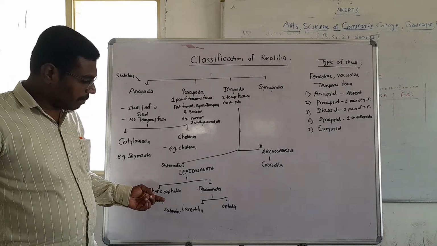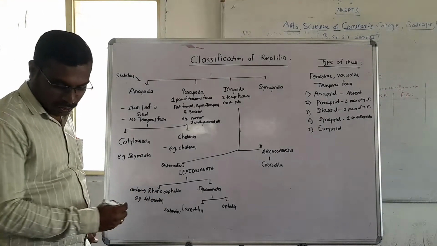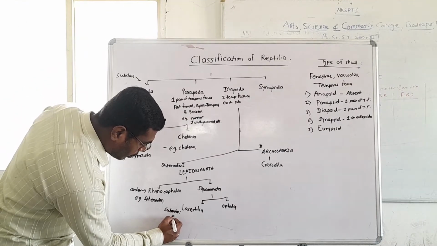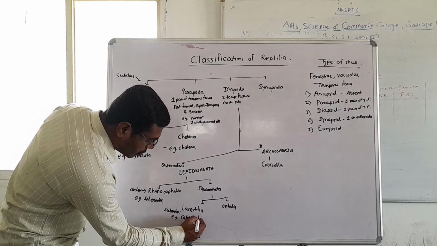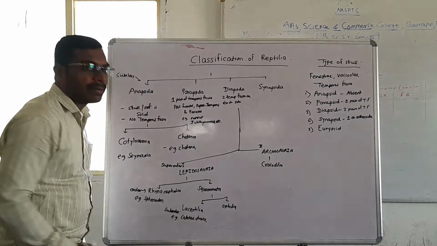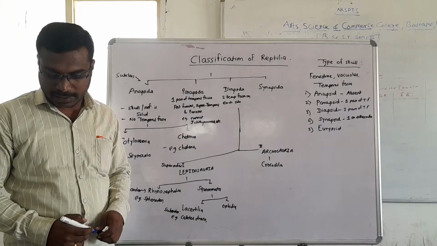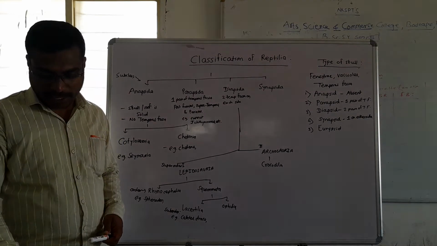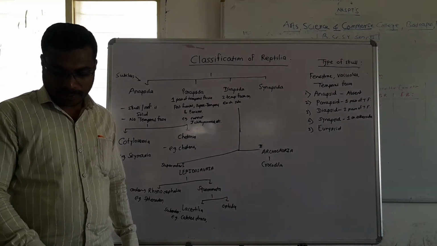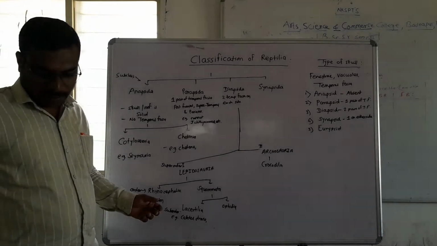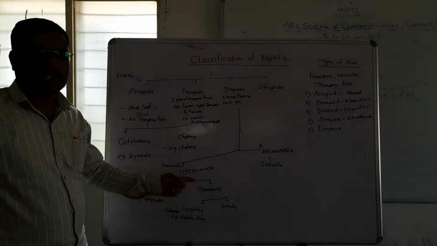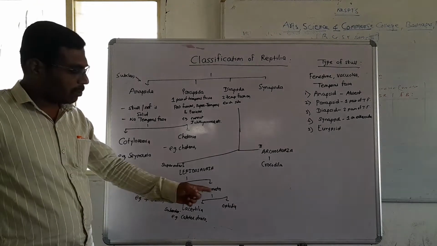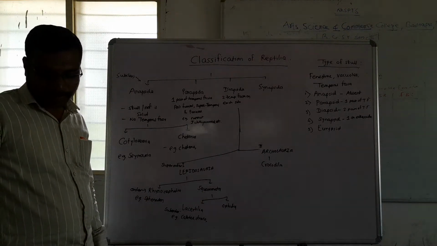Examples are Calotes and Draco. These are familiar examples. It also includes Varanus, Gecko, Hemidactylus, etc.